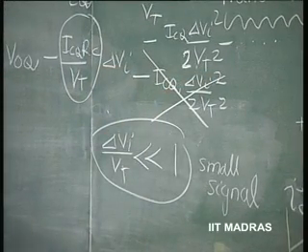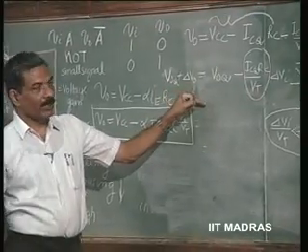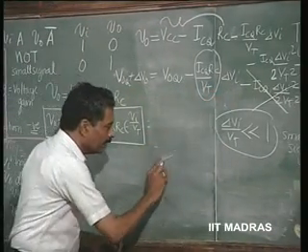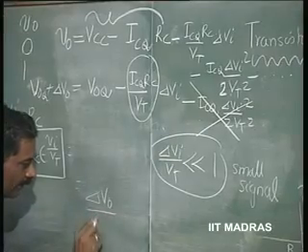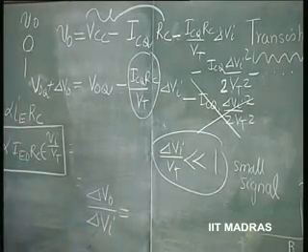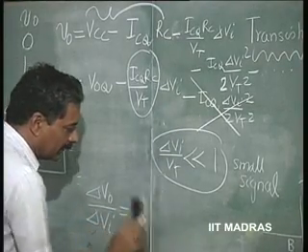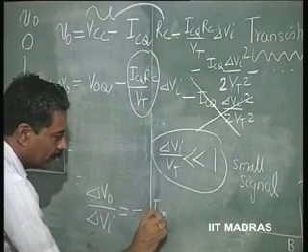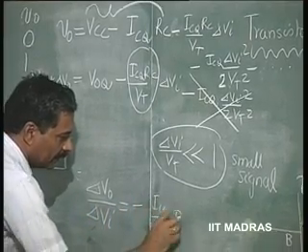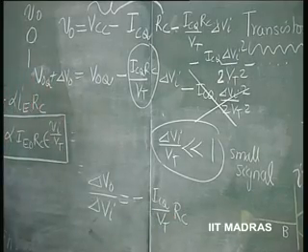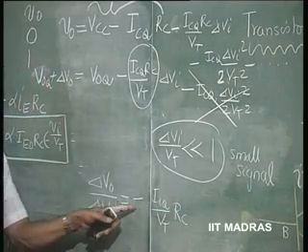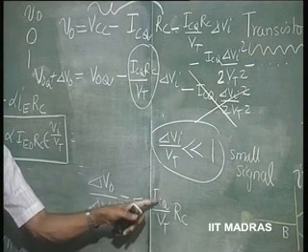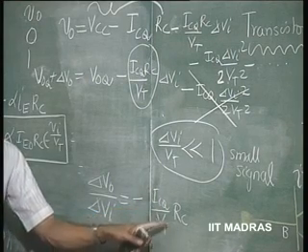And I can consider that for a delta V naught there is a delta VI, or delta V naught by delta VI is equal to, how much is that? Minus ICQ by VT into RC, which is indicating there is an inversion, and the slope corresponds to ICQ by VT into RC.